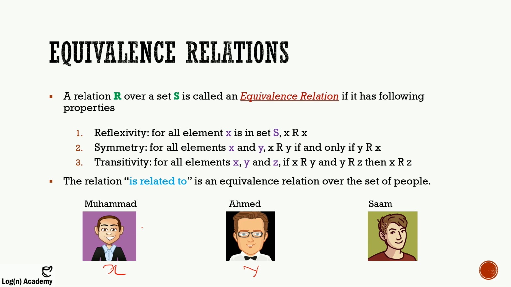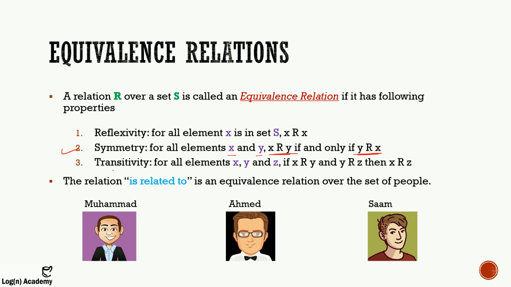If Muhammad is a brother of Ahmed, I can say Ahmed is also a brother of Muhammad, right? Will this statement be true? Yes, the statement will be true. So this is called symmetry. For all elements x and y, x is related to y if and only if y is related to x. So this condition is satisfied.